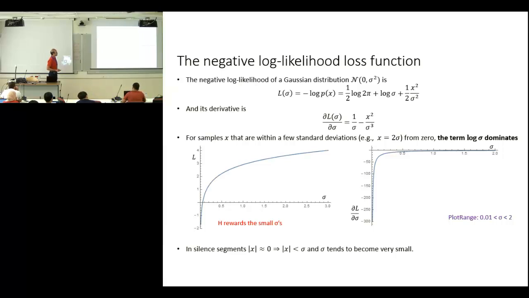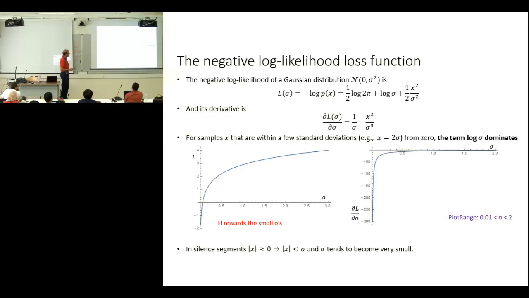So it rewards small sigmas for samples which are within a few standard deviations. For example, if the sample is close to 0, close to the mean value, which is 0 in our case. Close means not very far, for example, 2 standard deviations at most apart from that.